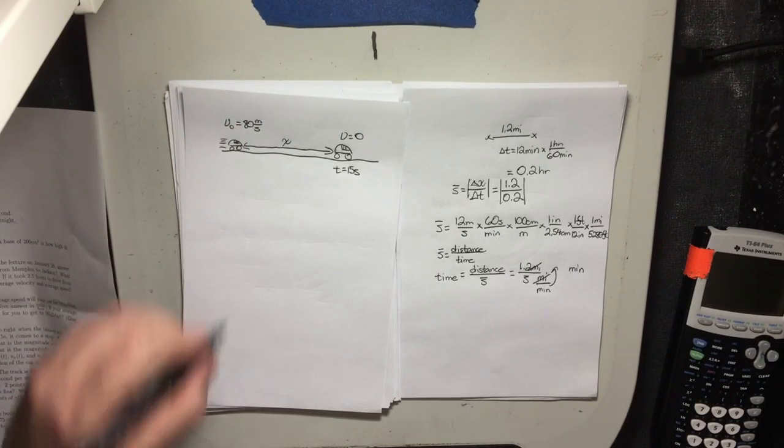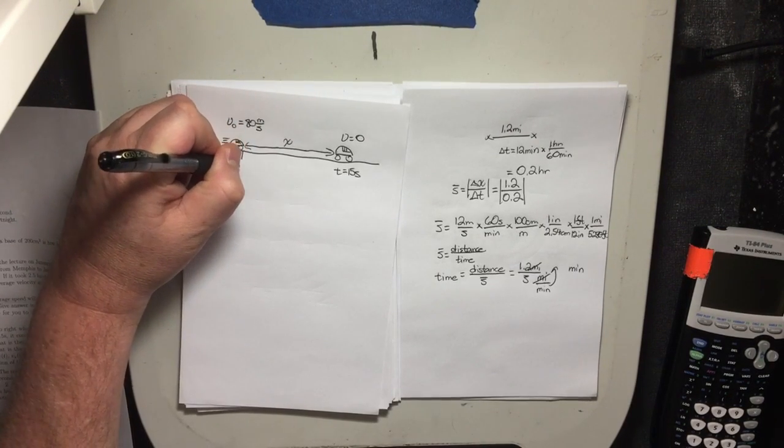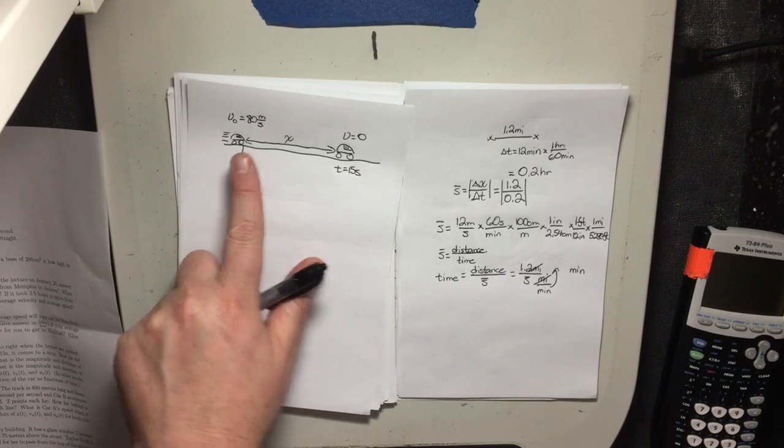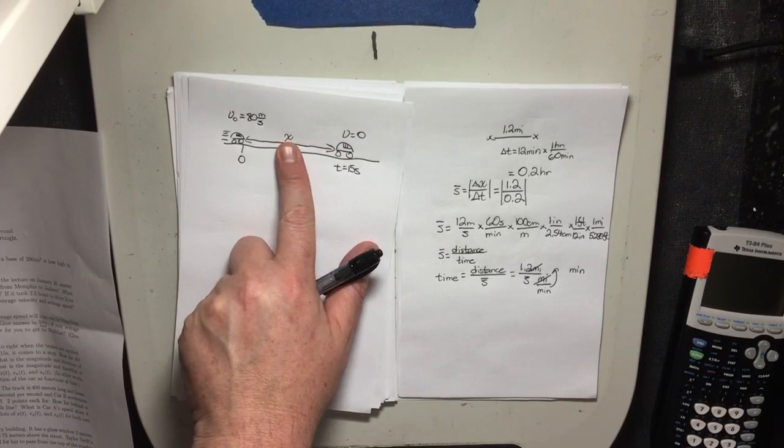Since it's a one-dimensional motion problem, you most frequently pick the initial position of the car to be the origin. Also, it's traveling from left to right, so pick the leftmost part and say that's the origin. So that's 0.